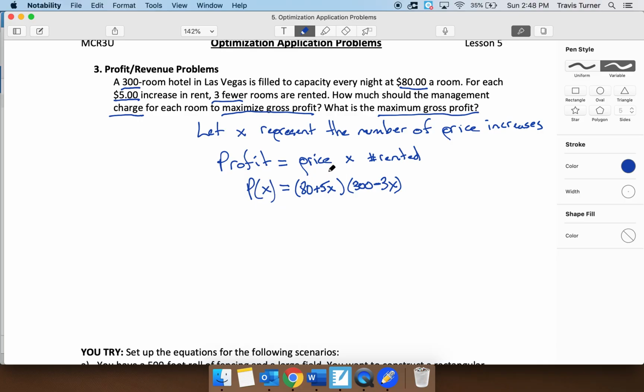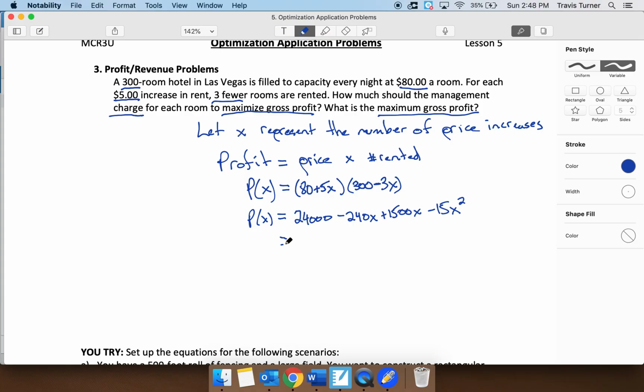So what we need to do is now FOIL this out. So 80 times 300 plus 80 times negative 3x and so on. So you can try that. I'm going to write it out just to save some time. So this 80 times 300 gives me 24,000 minus 240x plus 1500x minus 15x squared.